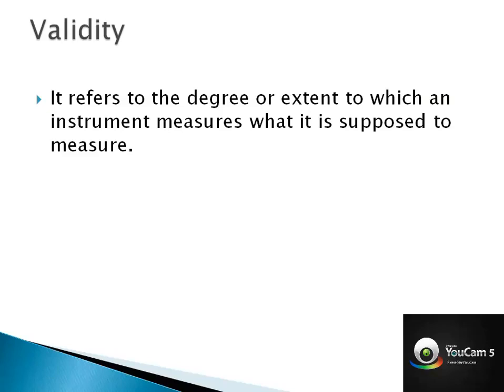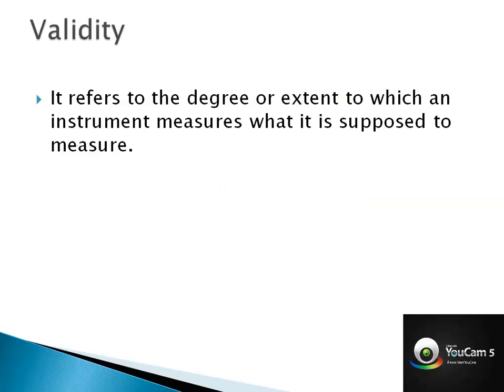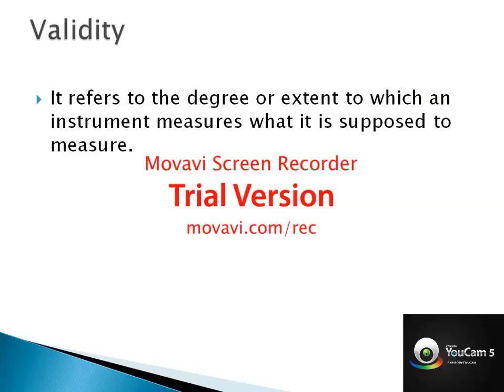So validity refers to the extent to which an instrument measures what it is supposed to measure. For example, if you are going to assess knowledge and you use an attitude scale, it is not a valid tool, because your purpose is to measure the knowledge of the person, but you are using an attitude scale. Of course, it's the wrong tool you have selected.